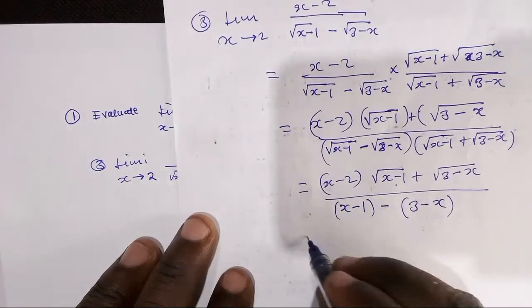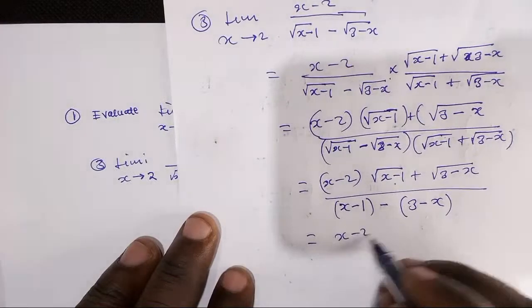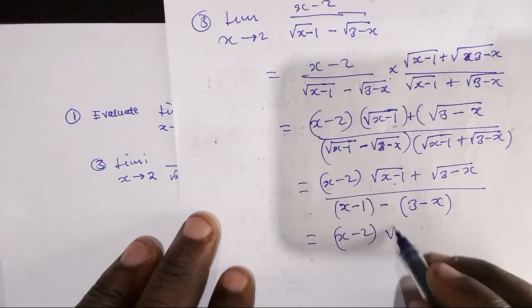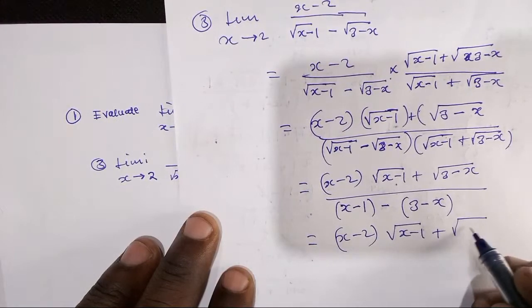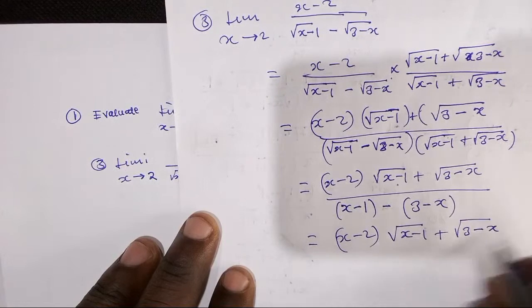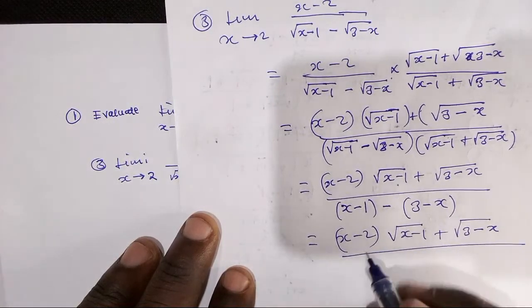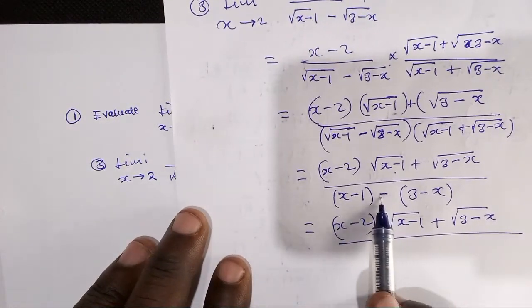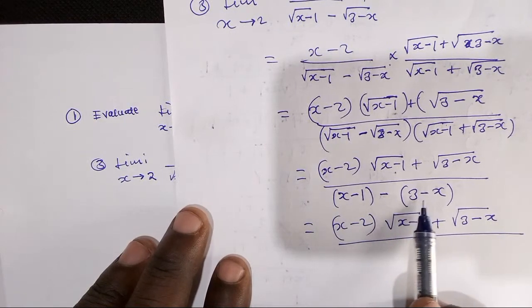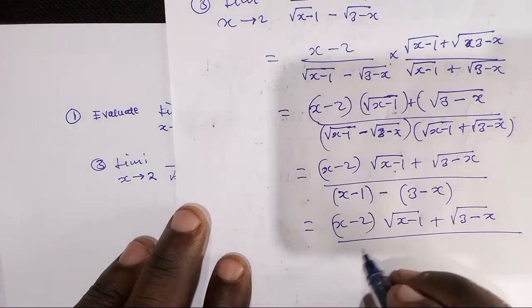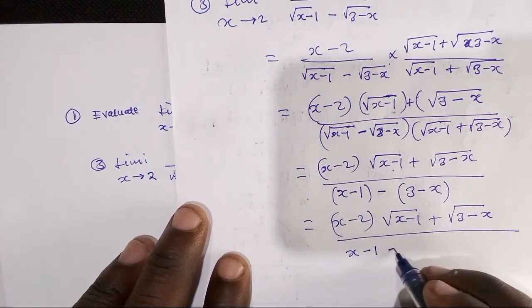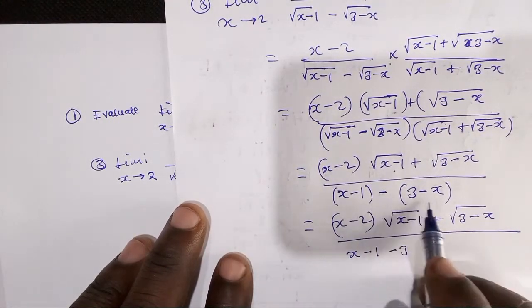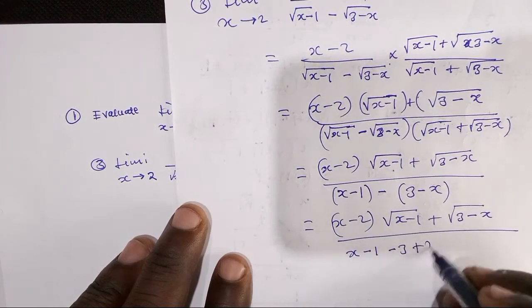Then here it will be equal to x minus 2, then root of x minus 1 plus root of 3 minus x, right? In which over, you are going to expand now. This negative should be multiplied throughout with what is in the bracket. So we are going to have x minus 1. The negative times 3, we are going to have minus 3. The negative times negative is positive x.